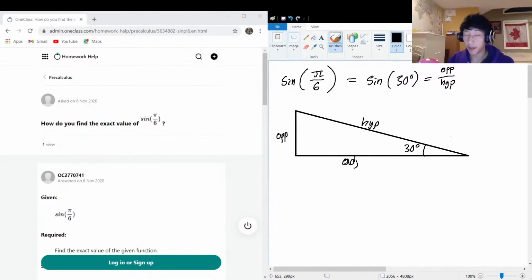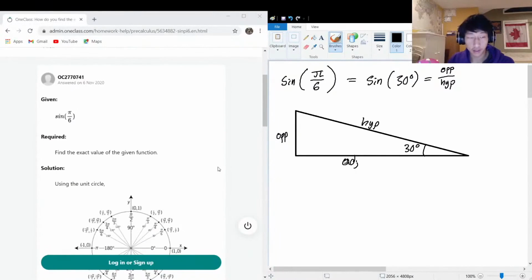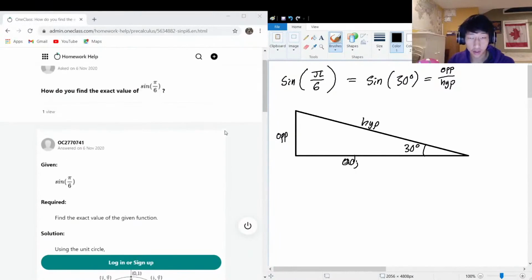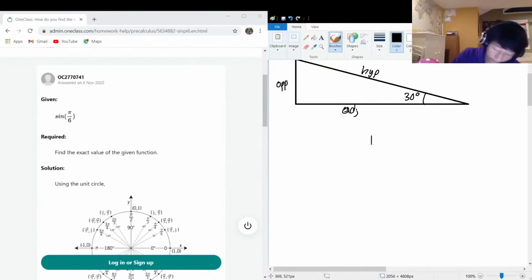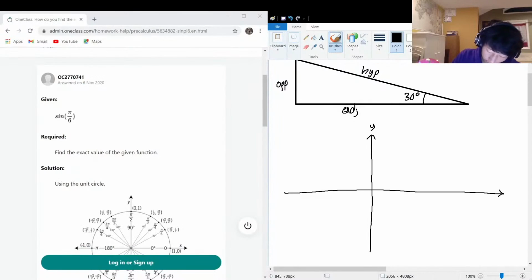Okay, now if we were in a unit circle, actually, they do use a unit circle here. So suppose that we have a unit circle that looks a little bit like this. We have y, we have x, and we're going to need a circle.